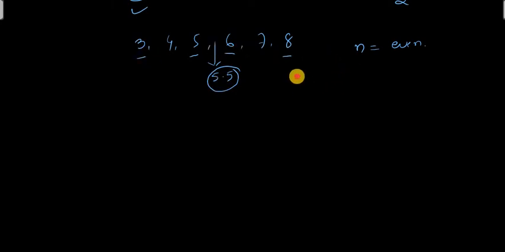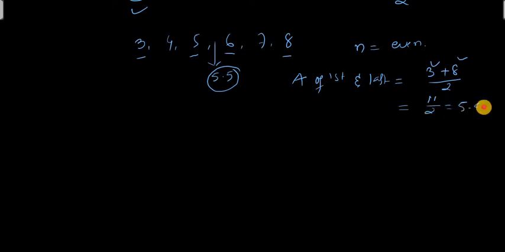The average of the first number 3 and the last number 8: 3 plus 8 divided by 2, that is 11 divided by 2, equal to 5.5. That's it, the average of the first number and the last number.